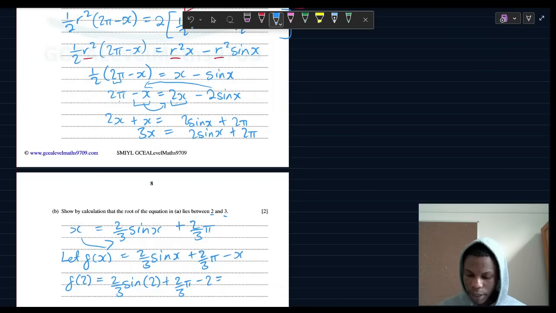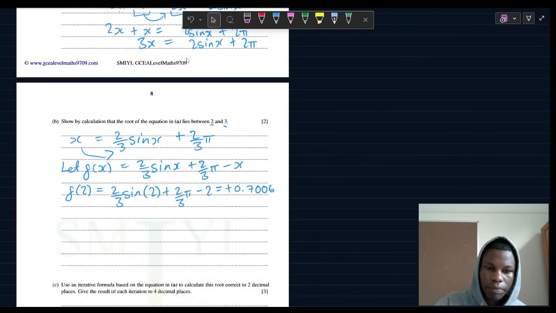So switch your calculator to radians, and you want to evaluate 2 over 3 sine of x. X in this case is 2 plus 2 over 3 pi minus 2. That gives us positive 0.7006. And we'll do the same for f of 3.